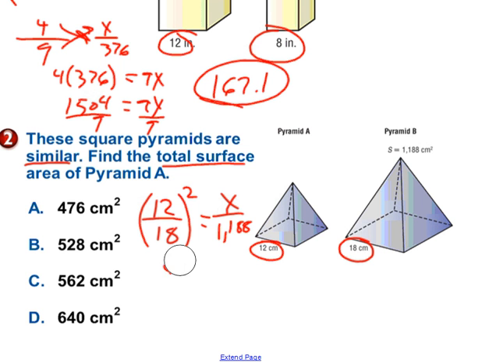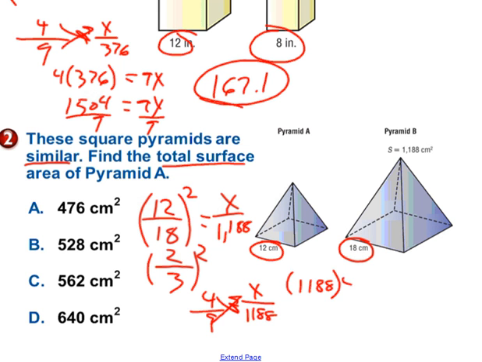I'm sorry, I want to divide both sides by 6. I'll get 2 over 3 quantity squared. So 2 over 3 squared would be 4 over 9 is equal to x over 1188. Doing my cross multiplying, I've got 1188 times 4 is equal to 9x. And divide both sides by 9.